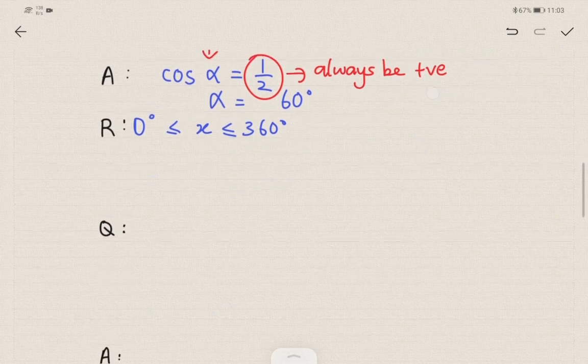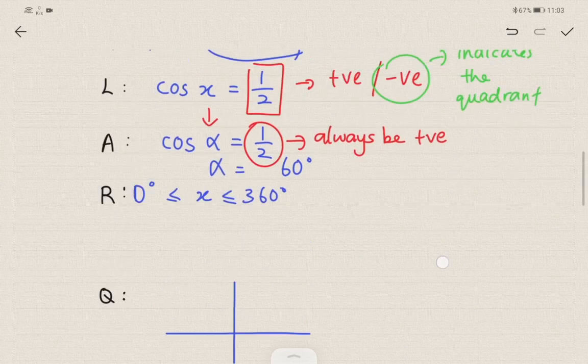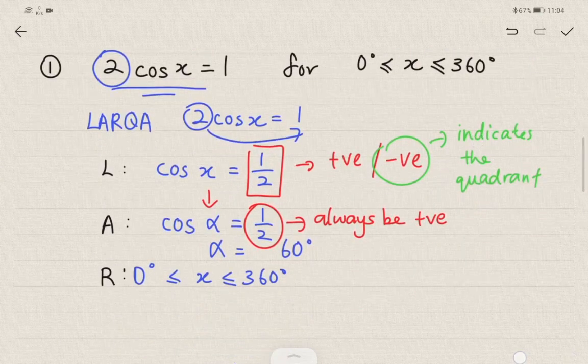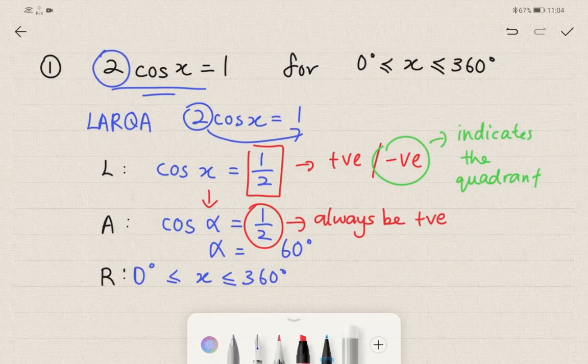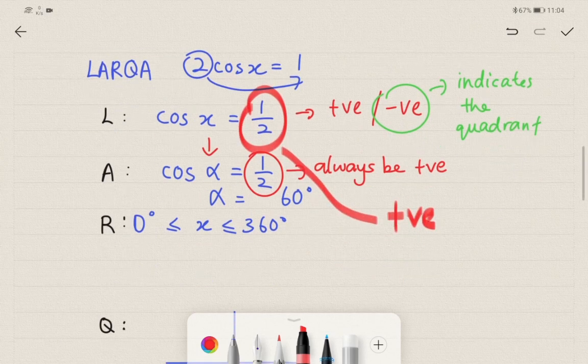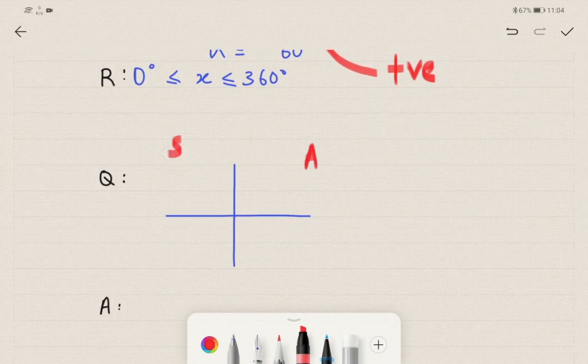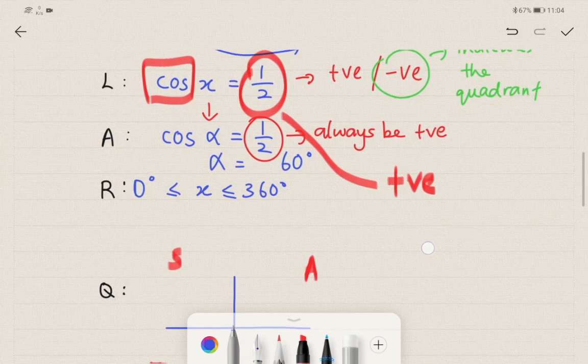Now, quadrant. So just now I have told you, you need to see whether it's positive or negative. So here this 1 over 2 is positive, and note that this is cos. So all sine teacher crazy, and since it is positive, where will it stay at?